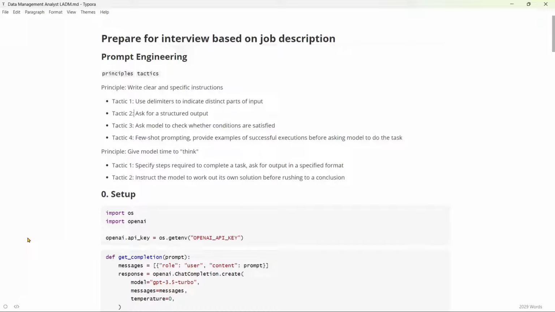So to answer your question, if you want a data role, I think it's better to leave the keyword data in that. And then the titles, different companies use very different titles. So if you use just the title to search for the opportunities, you will miss a lot of good opportunities.